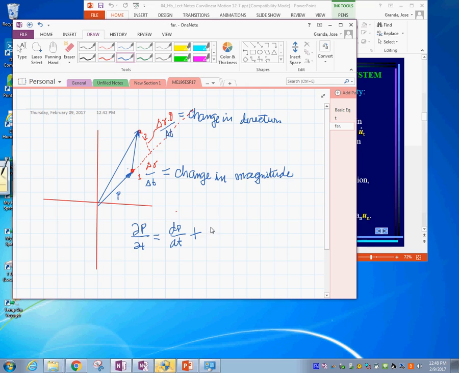You would say p times theta, but really it is p cross theta dot, the angular velocity in this case. So this is due to the change in magnitude, and this will be the change in direction.